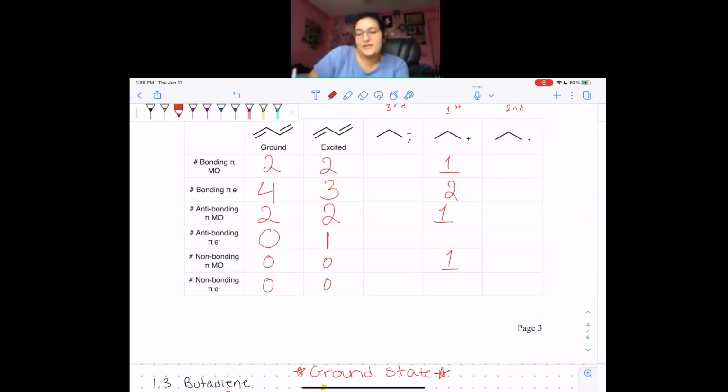How many anti-bonding electrons do we have? 0. Yep. And how many non-bonding electrons did we have? Remember, we're talking about electrons. Yes, 0. Cool. And remember that this is the ground state.